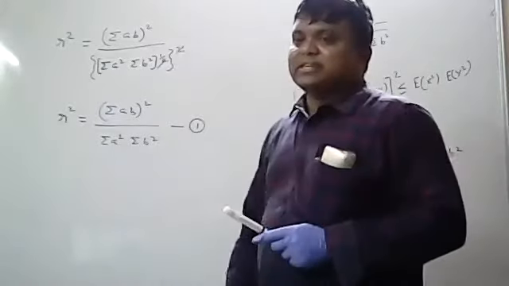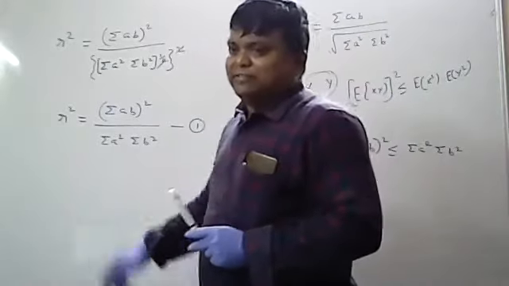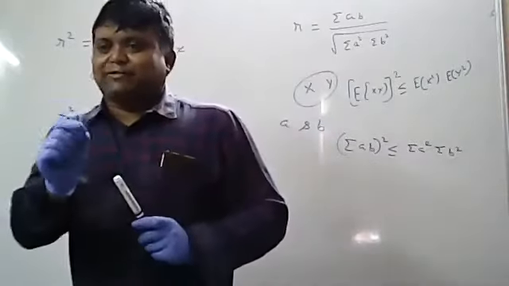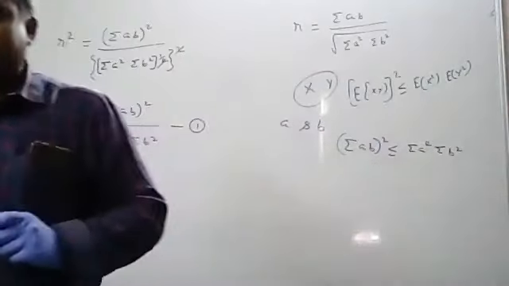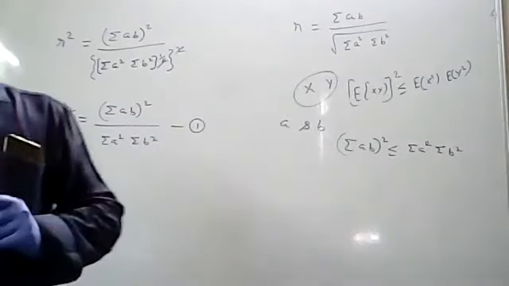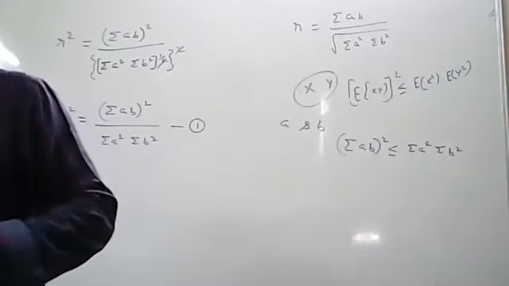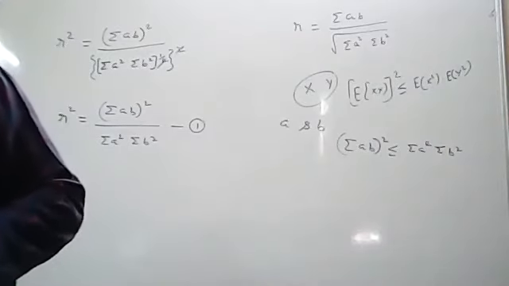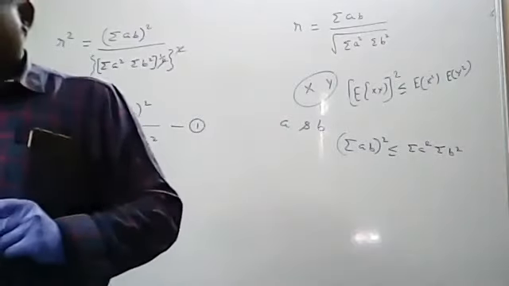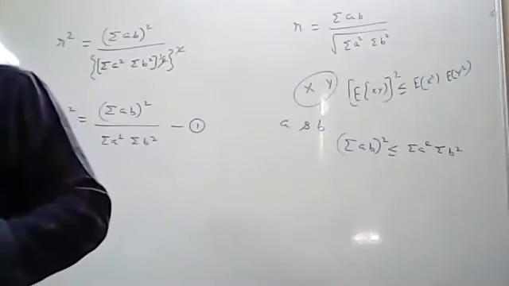For the constants A and B, within brackets, what is the meaning of A? A means A1, A2, so on, An. Open the brackets and write A1, A2, so on, An, and B1, B2, so on, Bn. Close the brackets.